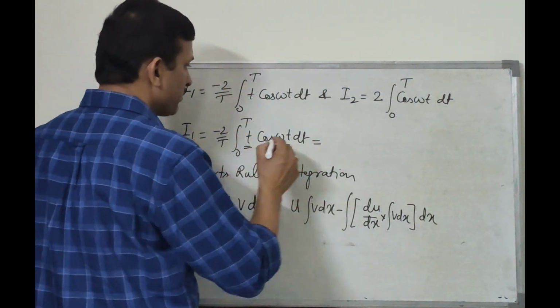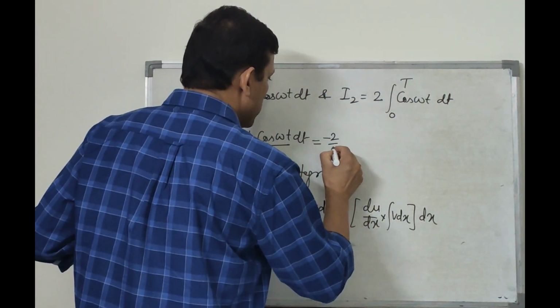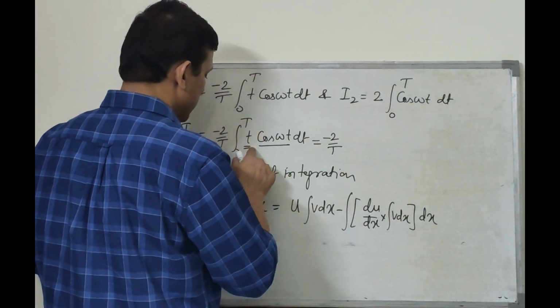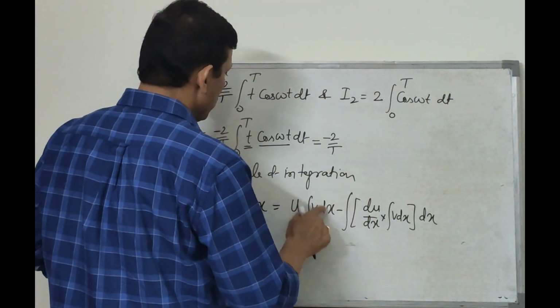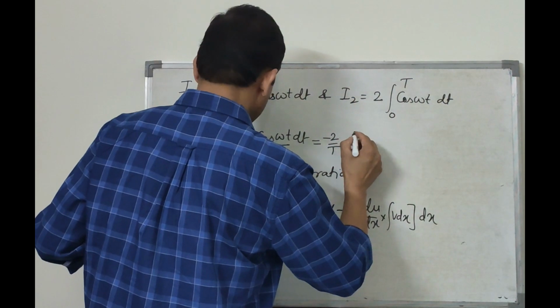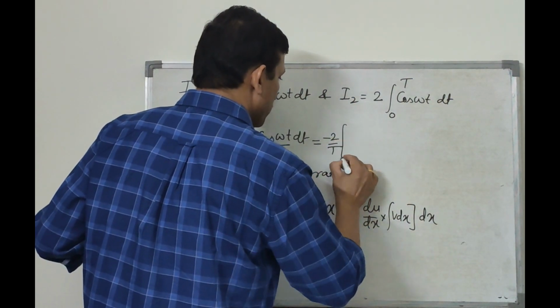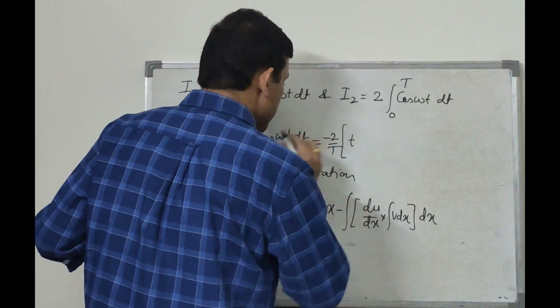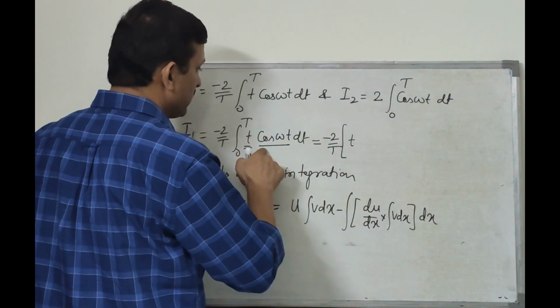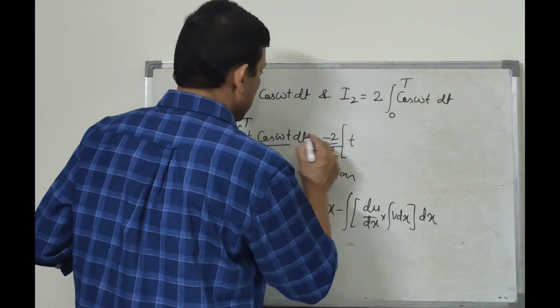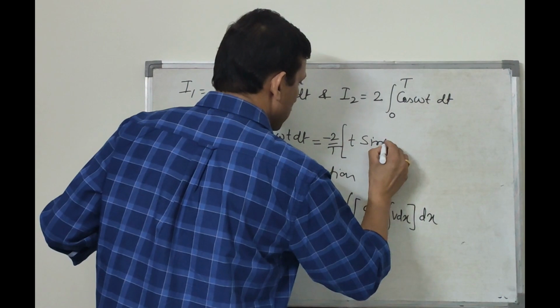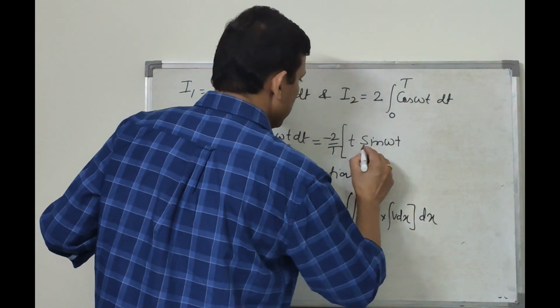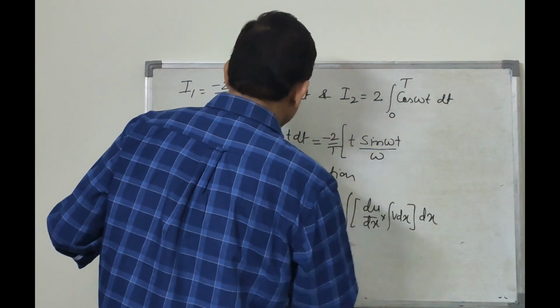This I1 will be minus 2 upon t, and u as it is, that means t, and then the integral of cos omega t, which is sine omega t divided by omega.